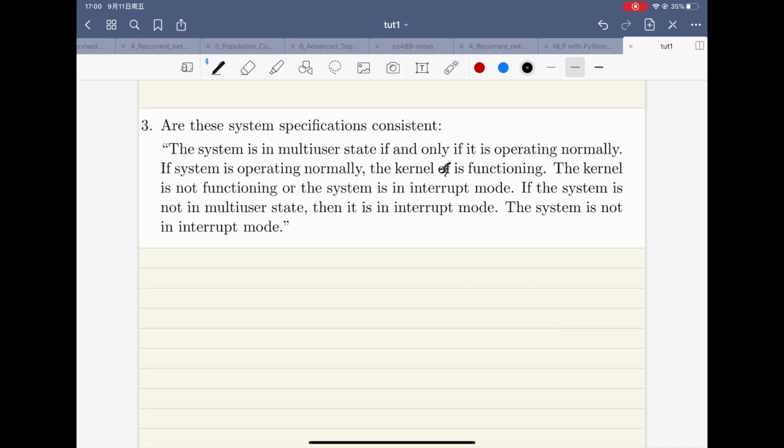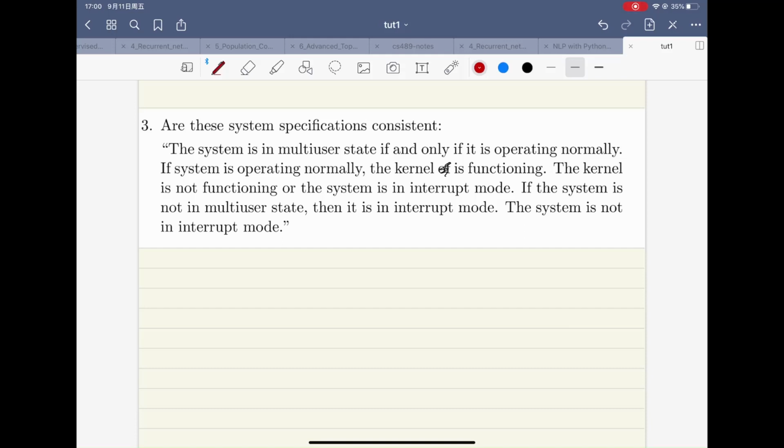Oh gosh, so long. So first we analyze the system specification. When you want to analyze any specification, you want to find the premises first and the logic connectives. So we want to rewrite this specification in a short form. Have a look.